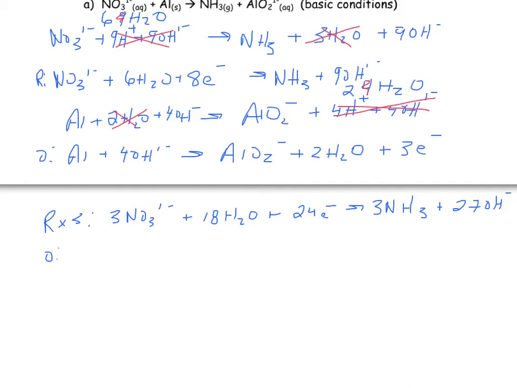In order to get 24 electrons, I'll have to times my oxidation by 8.